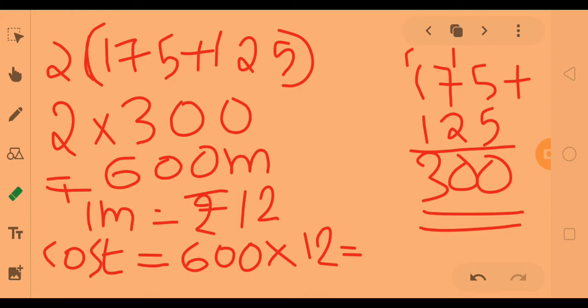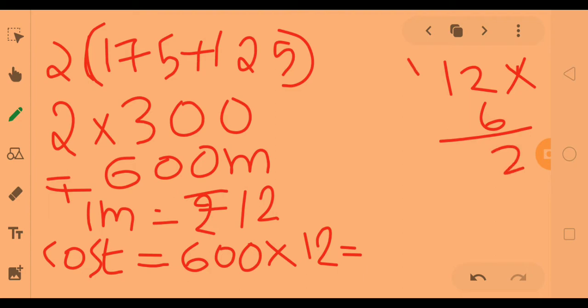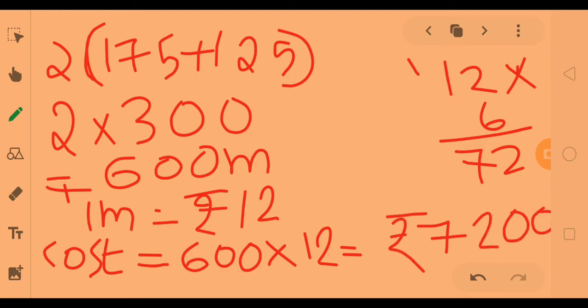So let us multiply. So instead of multiplying 600 into 12, it is enough. We multiply 12 times 6. 12 times 6, how much will come? 6 2s are 12, 1 carry over, we get 72. So 7, 2 we write, then 2 zeros in 600. So the cost of fencing the rectangular field is 7,200 rupees.